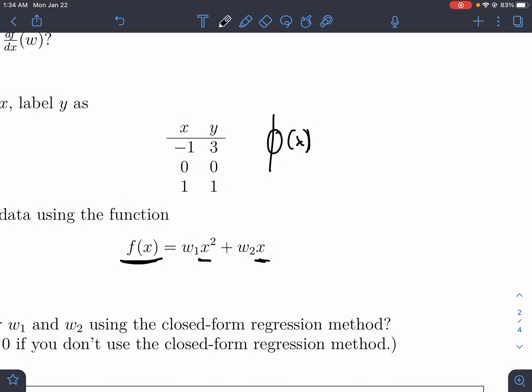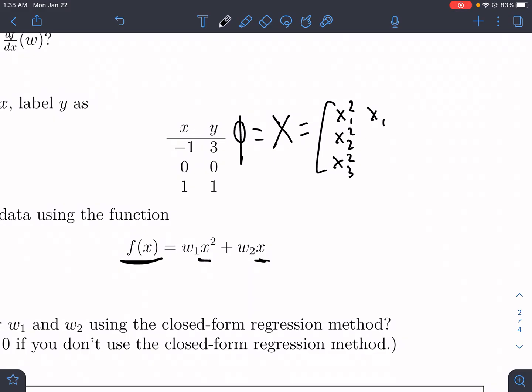And remember that this is always our x terms. So phi equals x, which is going to equal our feature map. This is going to be x1 squared, x2 squared, x3, not cubed, squared, x1, x2, x3.